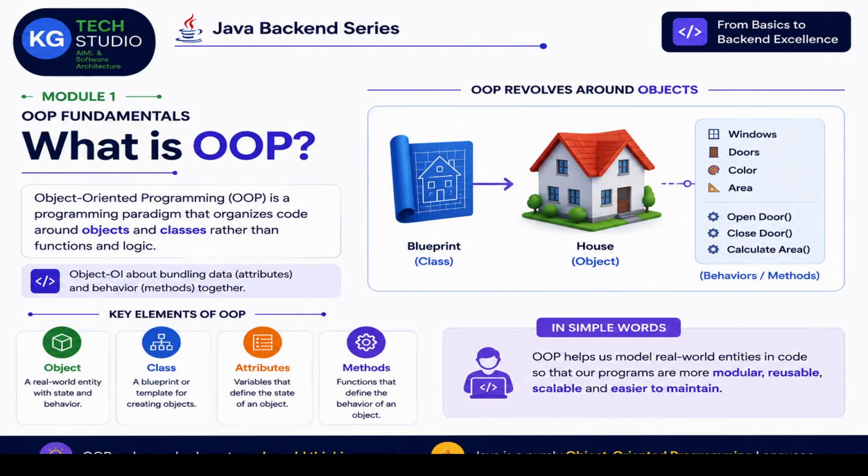Once you have the object, every object has its own attributes. The object shown in the slide, a house, has its own attributes like windows, doors, colors, and area, and its own behaviors or methods like open door, close door, and calculate area. Take another object like an animal: how will you recognize that it is an animal?